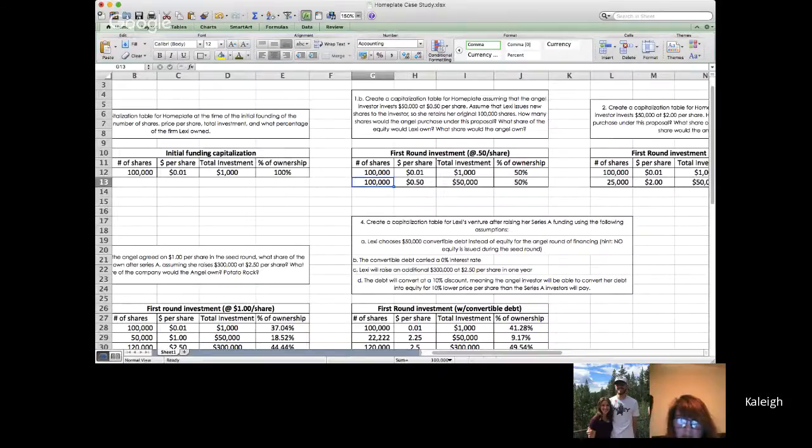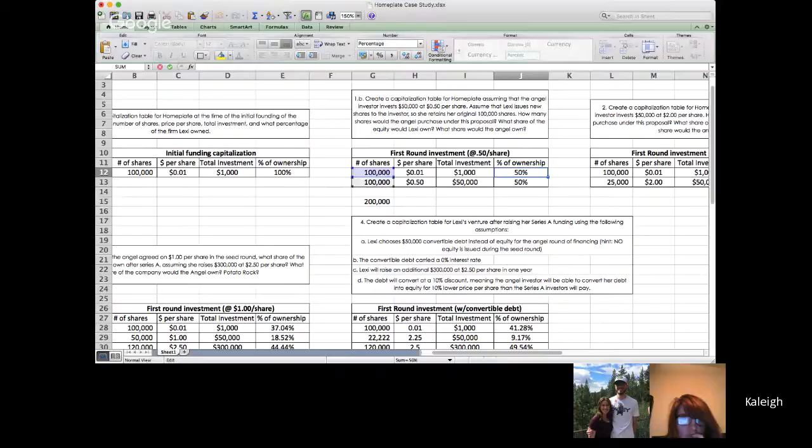Got it. Okay. So then to find the percentage of ownership, you can do it two ways. You can put right here the sum of both of these, and you have 200,000. I didn't do that.